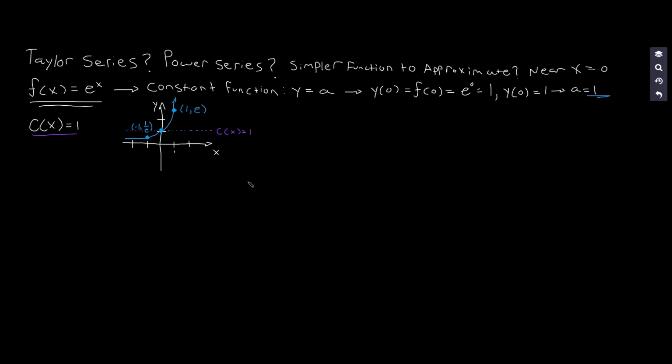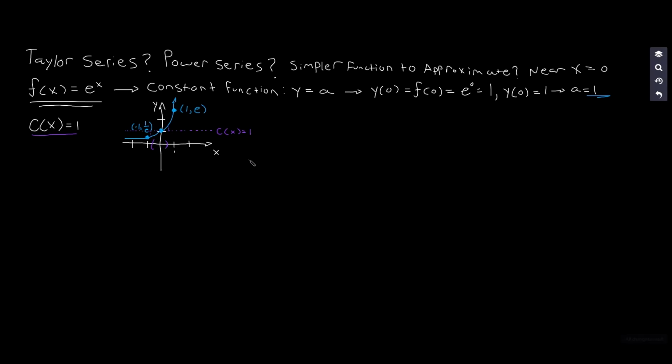So this isn't great. This line, maybe from here to here, it's okay, right? But even then it's not that good. This is just not really what we're looking for. We're trying to do an approximation.